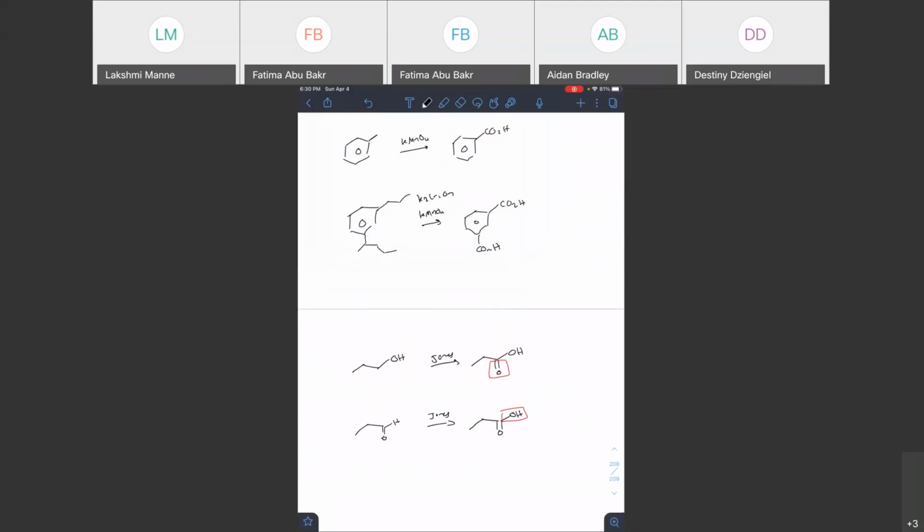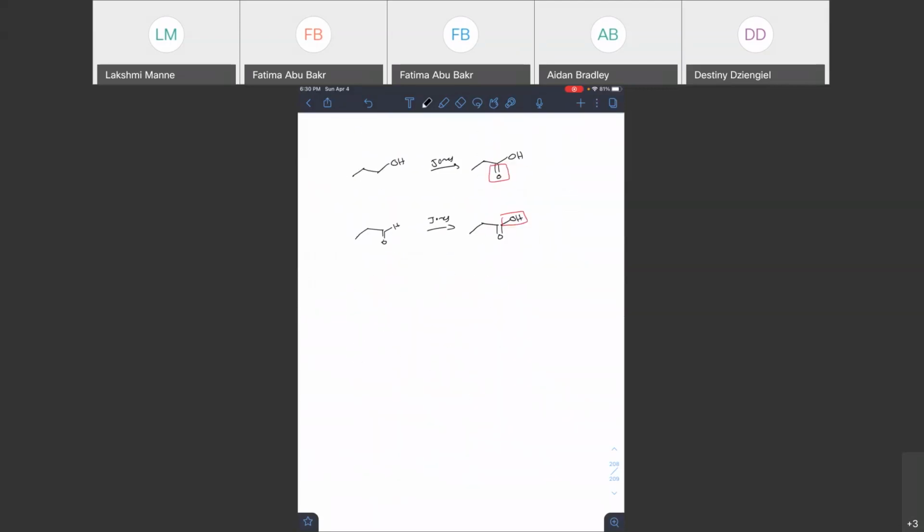Then, just to remind you about your other ways, we also have the halide one. This is the one where we end up doing essentially a Grignard. If I have a Br here, then I can react it with Mg in Et2O, and then you can react it with CO2.